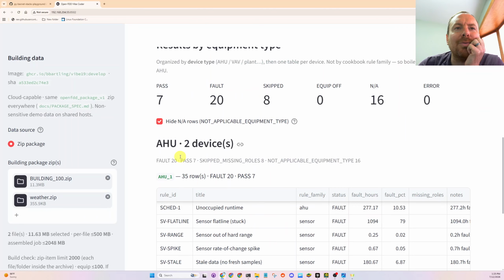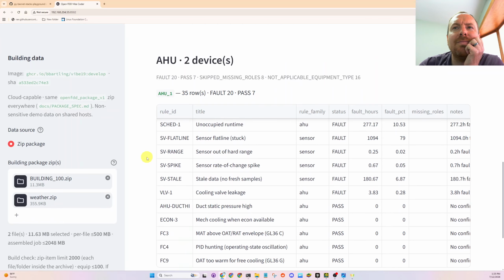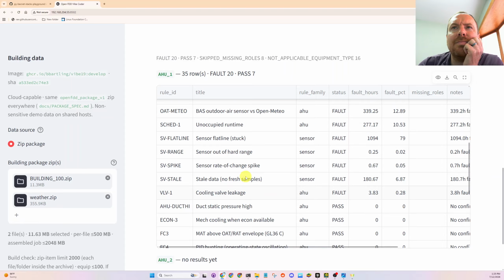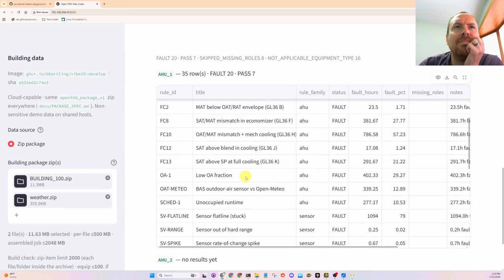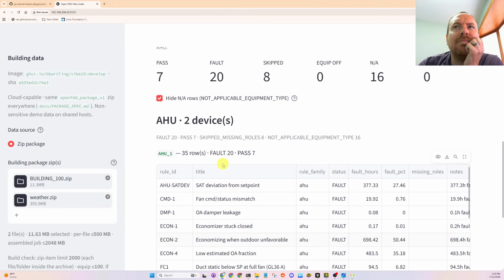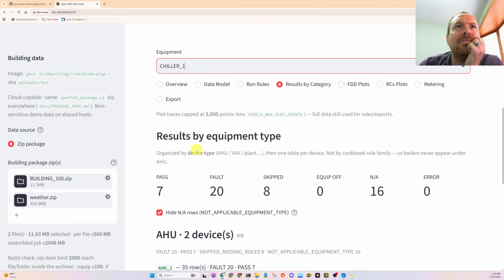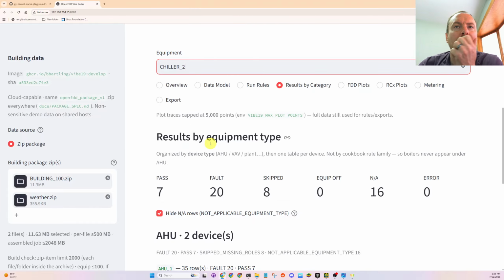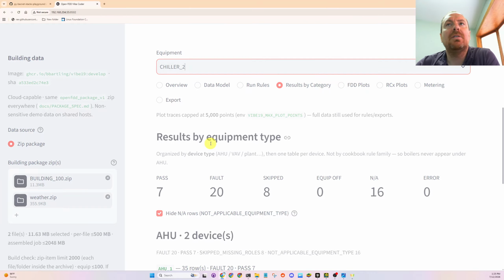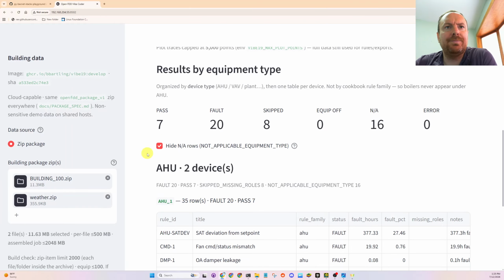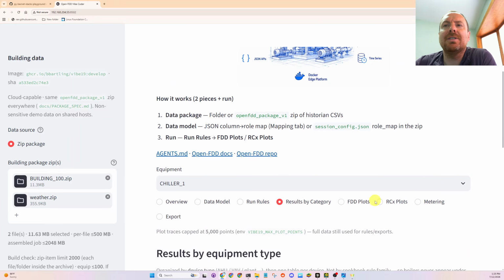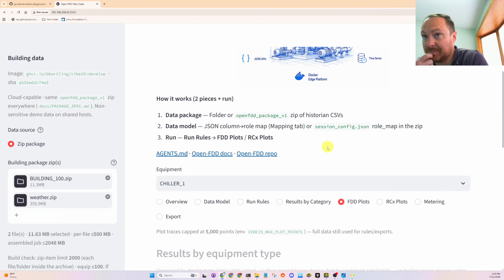I think we do have a couple of rules for chiller. I'm going to come back to the chiller. Okay, so let's go look at some of these fault detection plots.